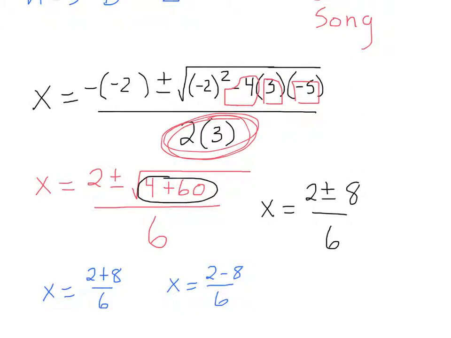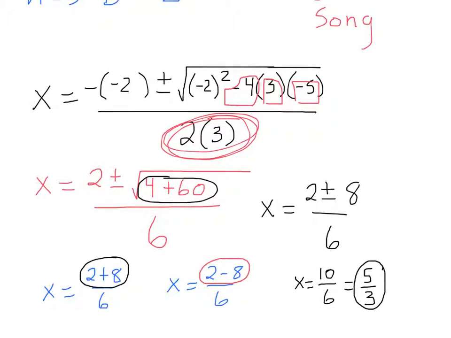All right, so now I'm going to do this. 2 plus 8 is 10 divided by 6. So I have x equals 10 divided by 6, which reduces to 5 over 3. So that's one of my answers. And since this is a second degree polynomial, it could give me two answers. So let's look at what the other one would be. 2 minus 8 is negative 6.